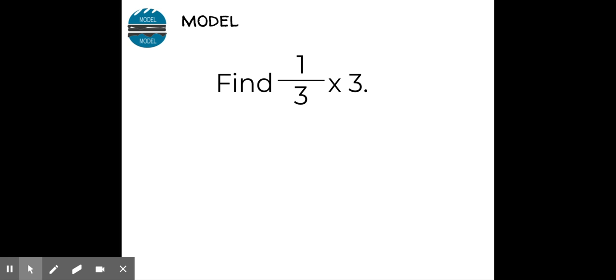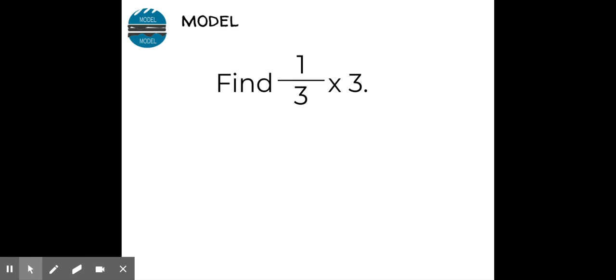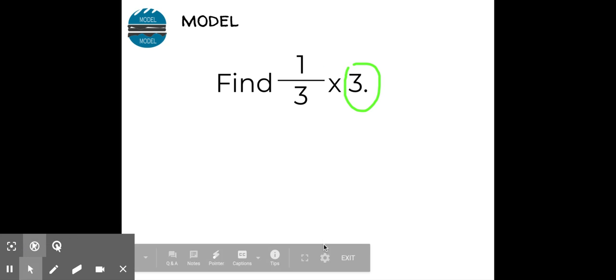So let me show you this first example. Find 1/3 times 3. My whole number is 3. I'm going to circle that. I'm going to multiply 1/3 3 times.